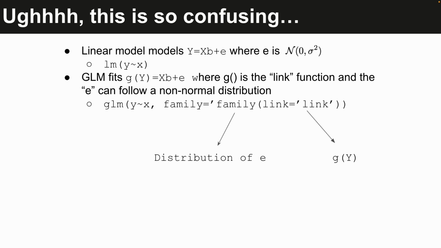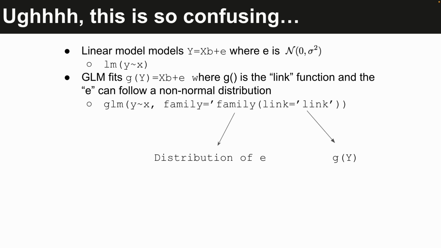So in my LM fit, I do lm y tilde x. In GLM, all you do is you call glm, generalized linear model, y as a function of x, and then I specify a family. What is that family? That family is the name of the distribution that I think y follows. Again, I don't know what distribution it follows, but you need to have some context of the field to know.